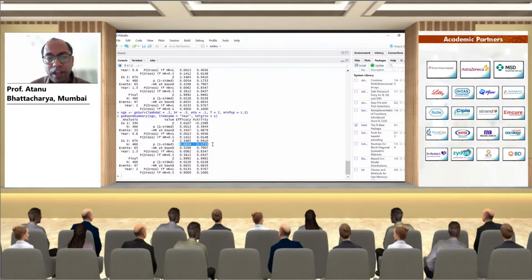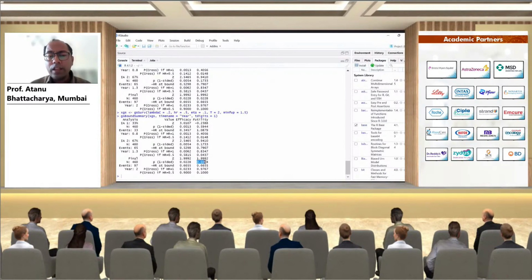The lower boundary value is fine, it is below 0.05, but the upper boundary is high, 0.59 and 0.17, and thereafter it comes down to 0.02.